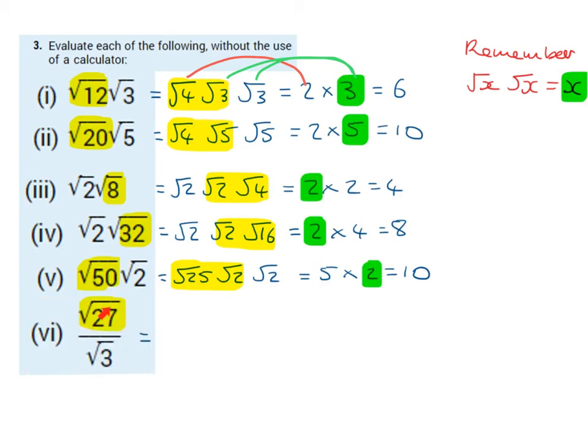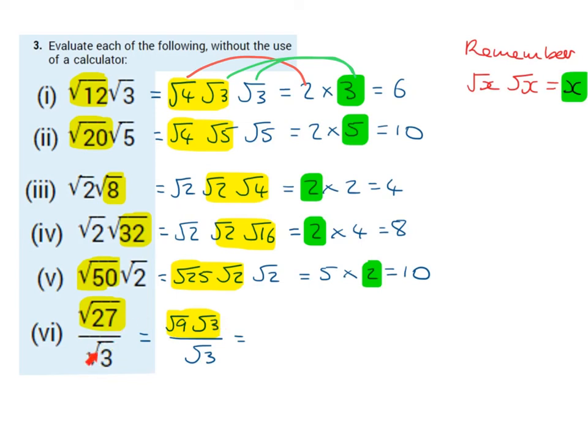Next we have root 27 divided by root 3. So root 3 is a prime number, so that can't be simplified. But root 27, we can factorise that. And again, we want to try and choose factors that are square numbers. So 9 times 3 gives us 27, so we can rewrite the square root of 27 as root 9 root 3.